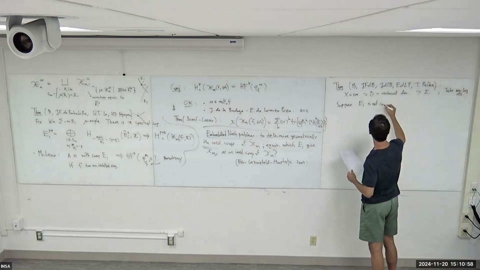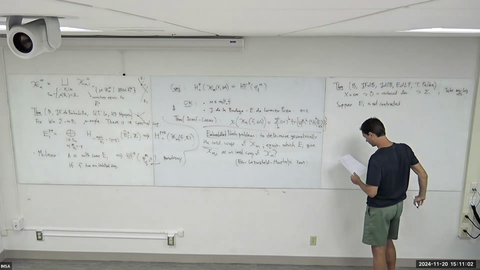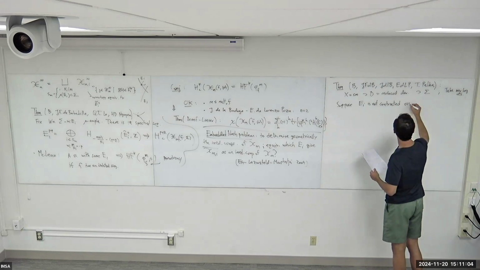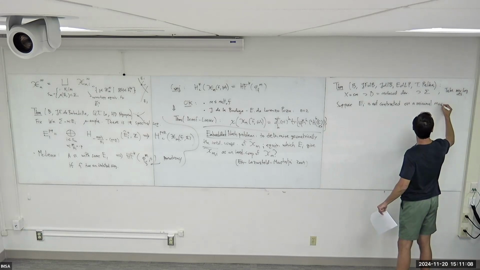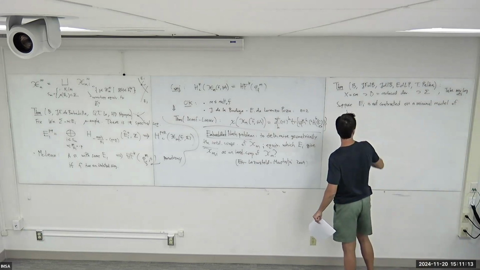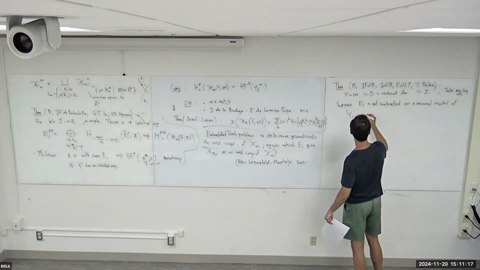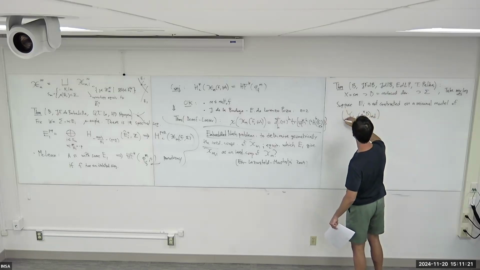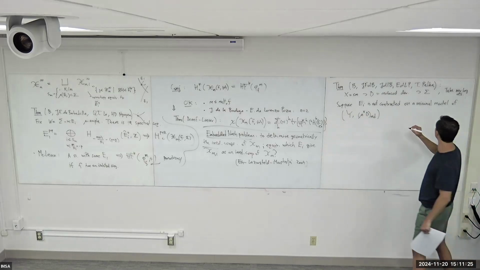Suppose E_i is not contracted on a minimal model of Y, and I have to write a pair for a log minimal model here, and the pair is going to be the inverse image of D reduced plus the divisor.